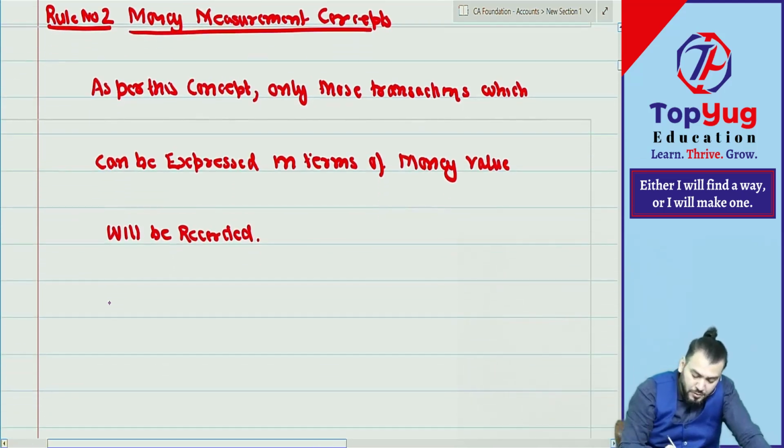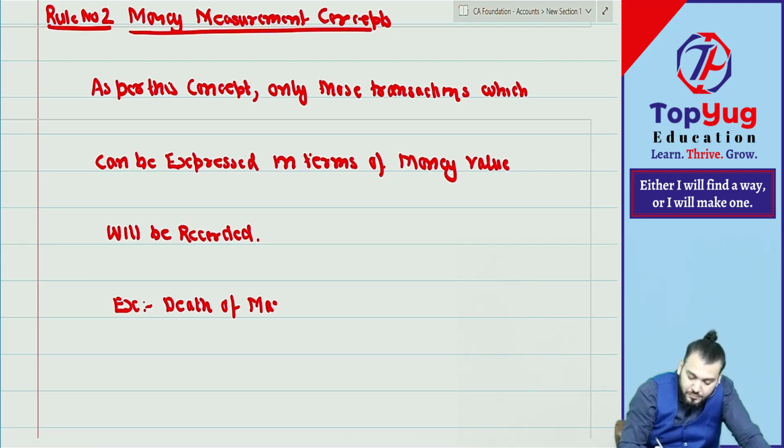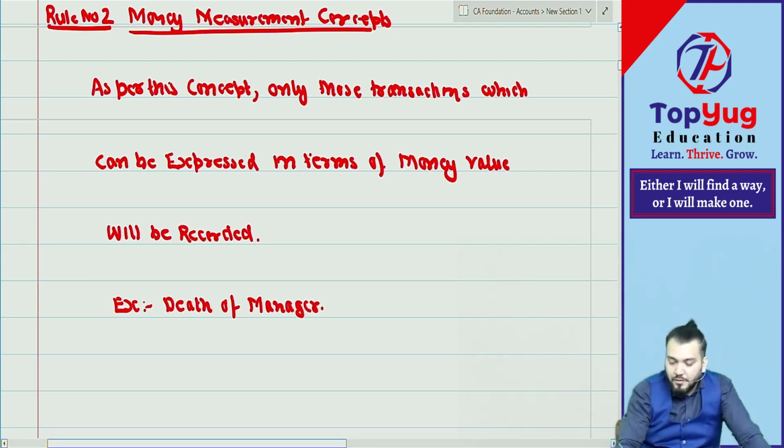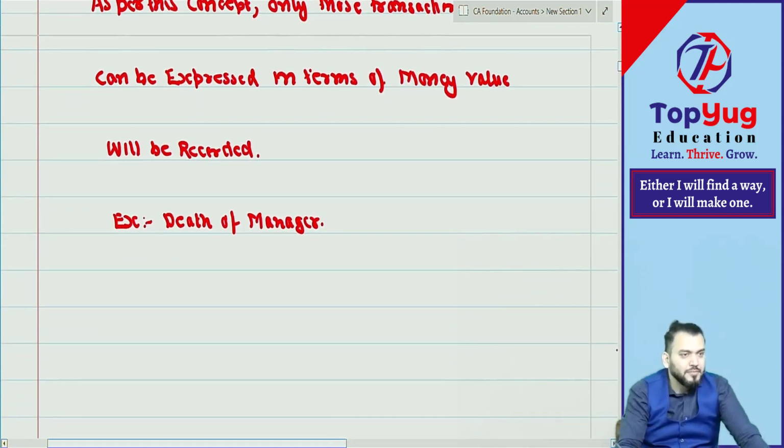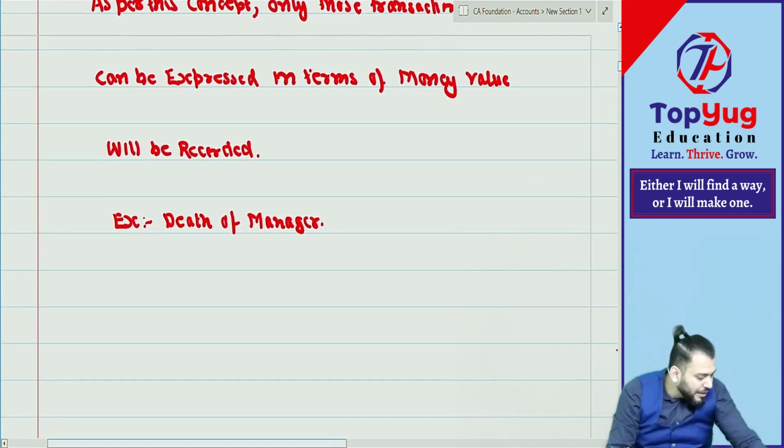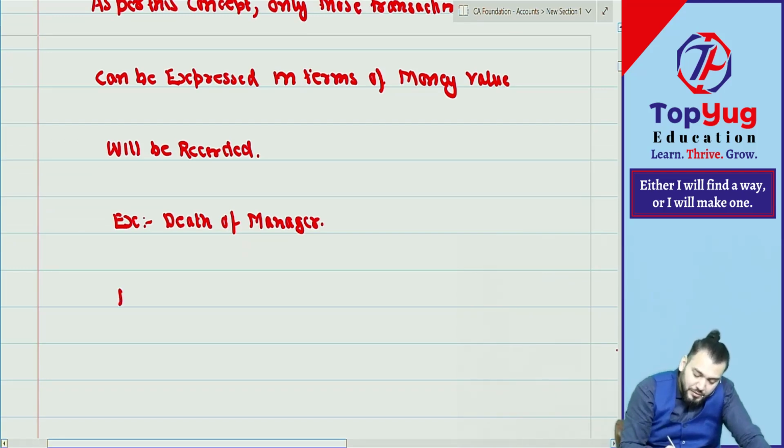Understood? The best example we can say is the death of a manager. This cannot be expressed in money value, so it will not be recorded.